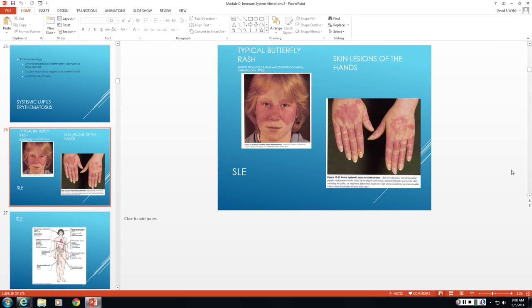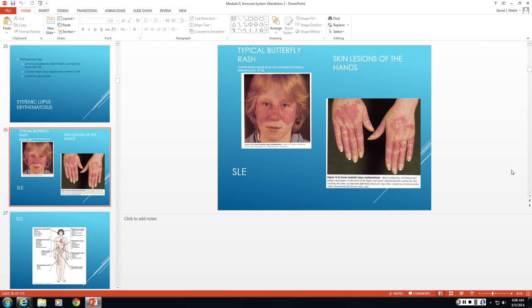So here's a picture of somebody that has SLE, or lupus erythematosus.